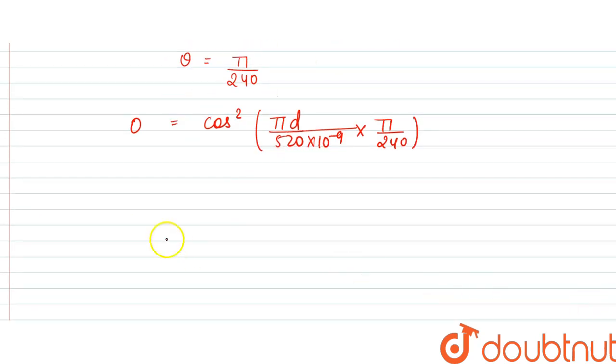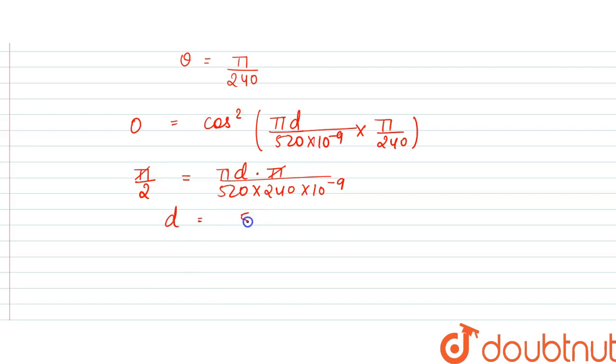It is 0 when the angle is pi by 2, so pi by 2 would be equal to pi d into pi by 520 into 240 into 10 to the power minus 9. From here this pi and this pi get cancelled.